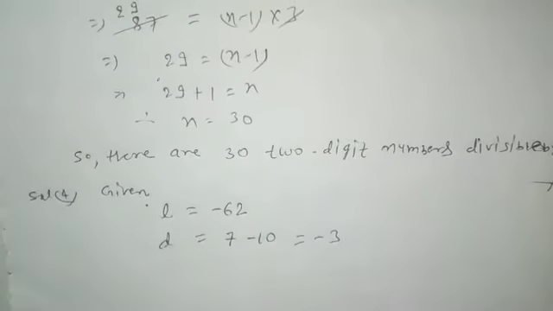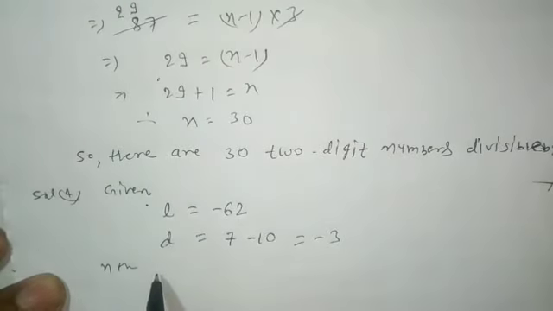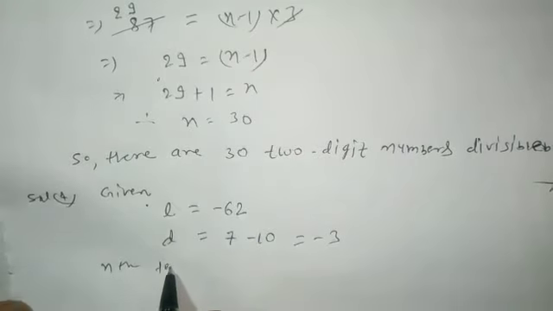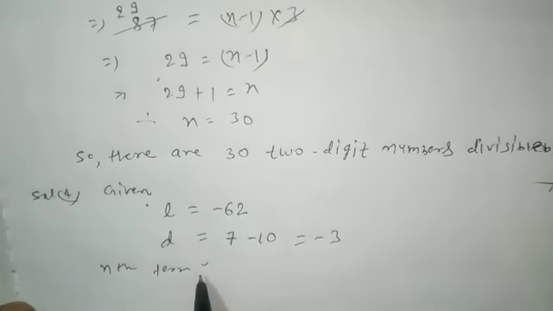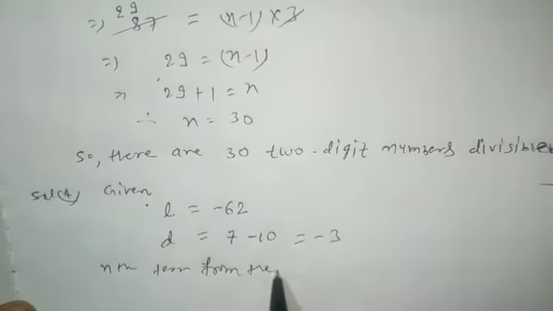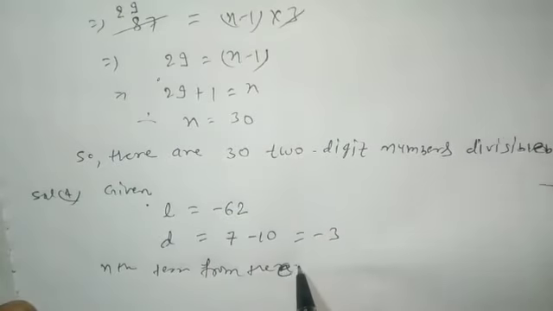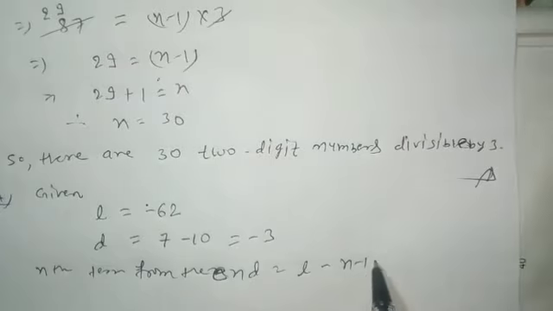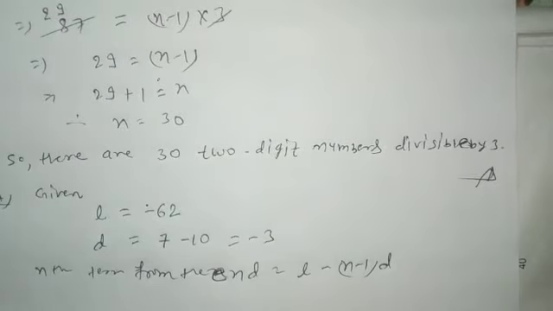Now according to the formula, the nth term from the end is equal to L minus n minus 1 into D.